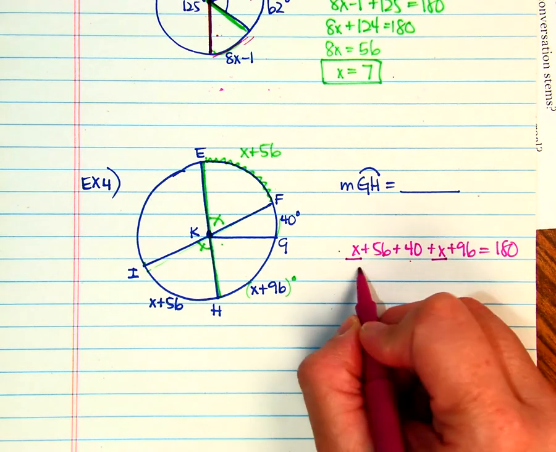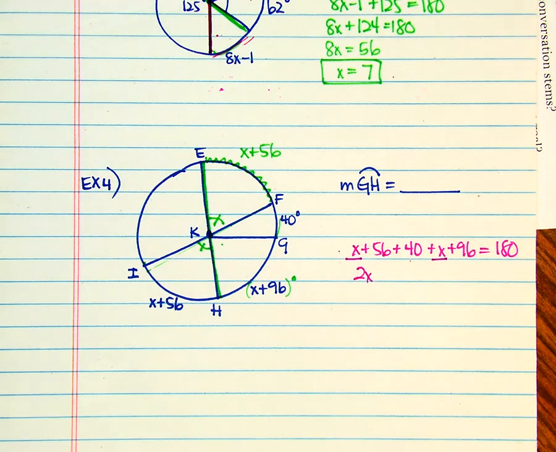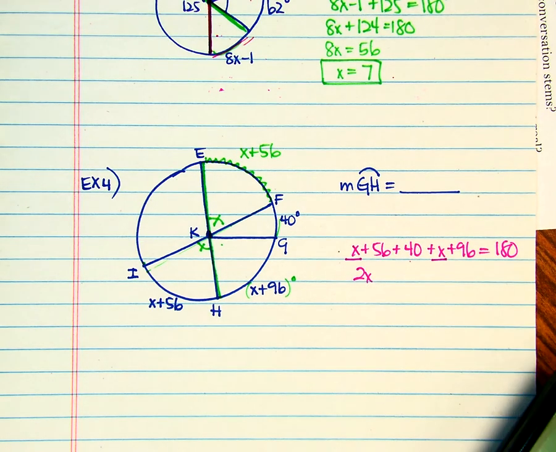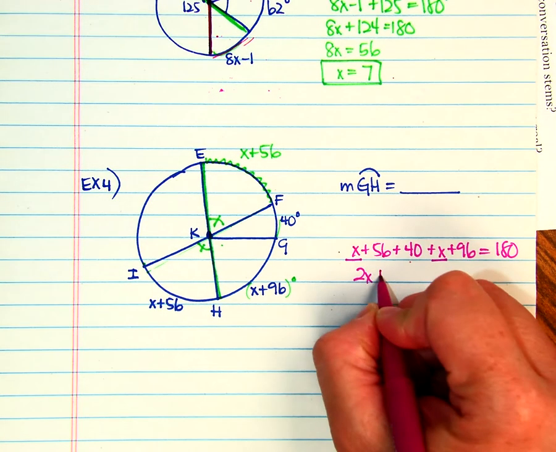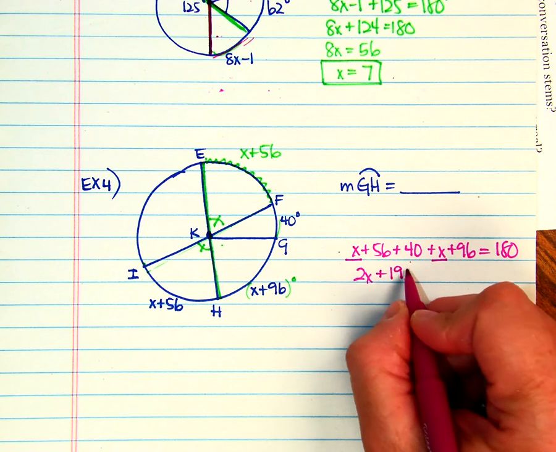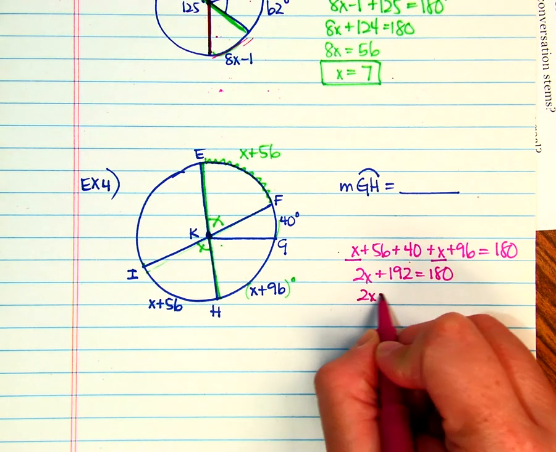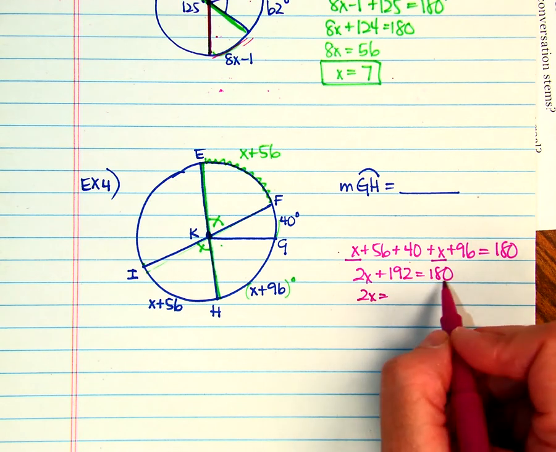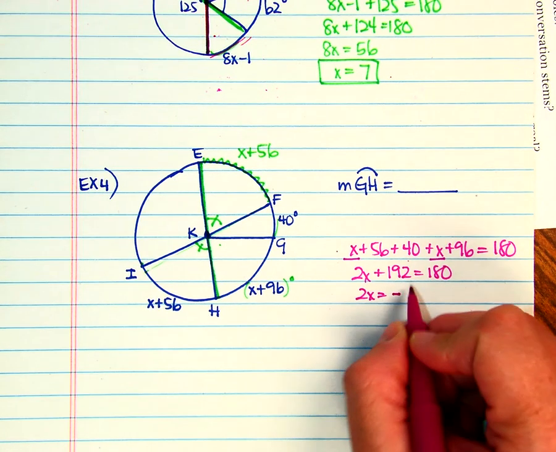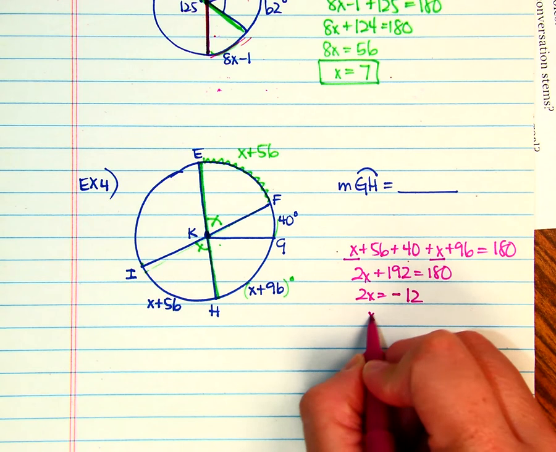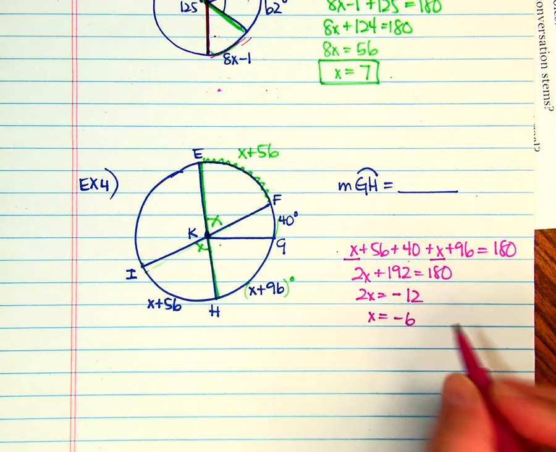Combining like terms, I have 2x. 56 plus 40 equals 96. 96 times 2 equals 192. So 2x equals, I'm going to subtract 192 from both sides. It gives me a negative 12. So x equals negative 6.